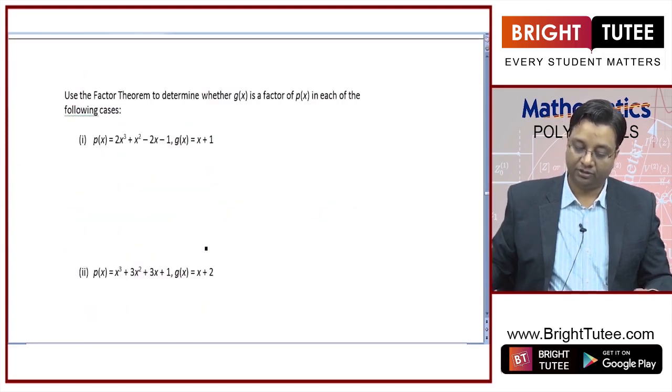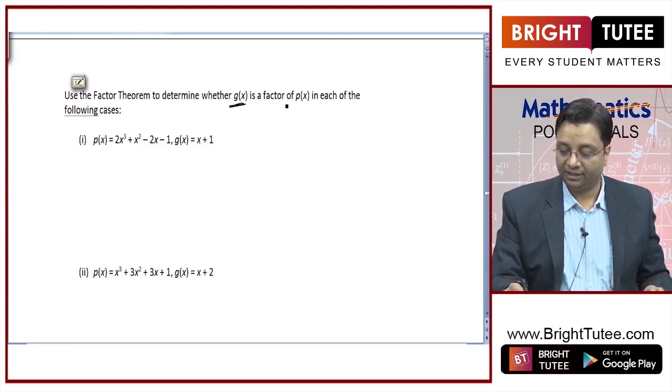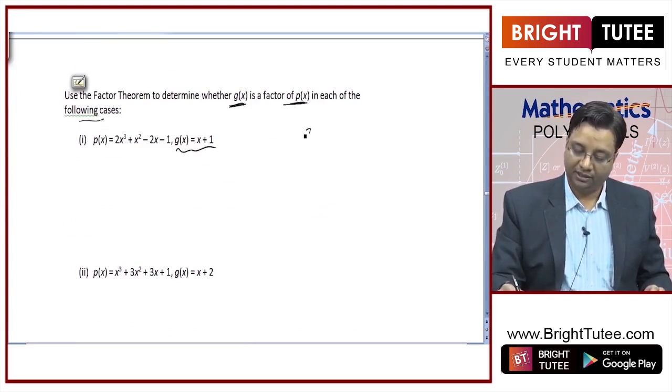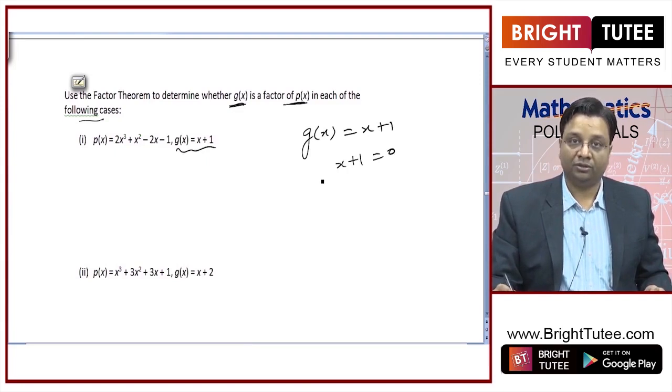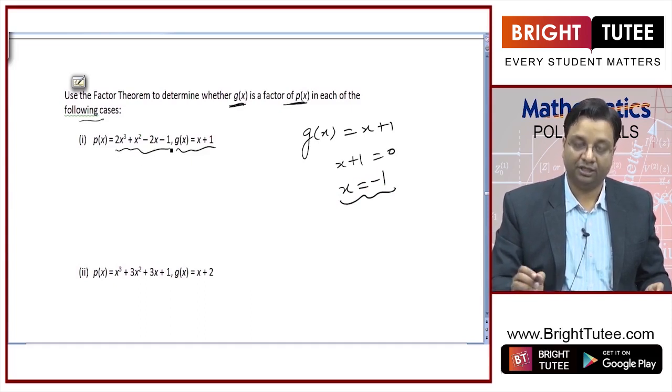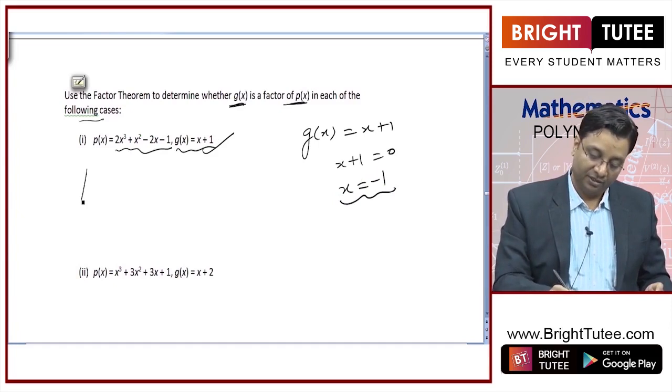Use the factor theorem to determine whether g of x is a factor of p of x in the following cases. What is g of x? G of x is x plus 1. If it is a factor, then if I put x plus 1 equal to 0, the entire expression will become 0. So x equal to minus 1 should make this entire expression 0 for x plus 1 to be a factor.